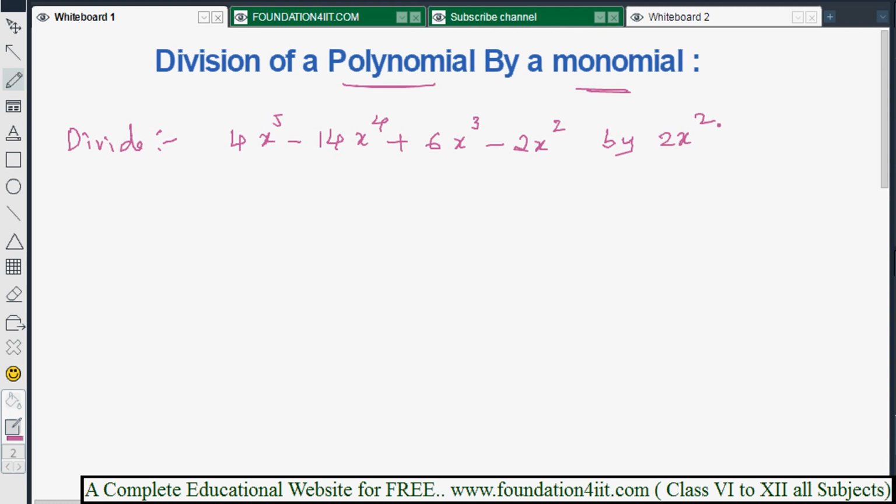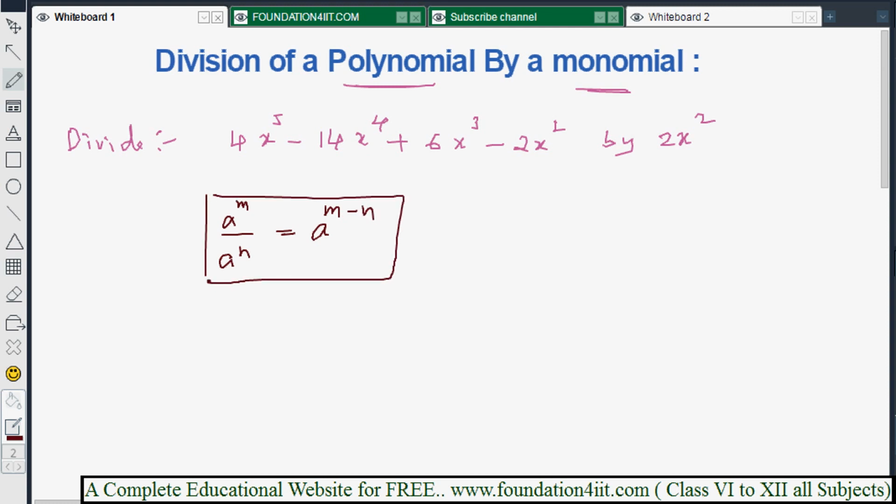So each and every term you should divide by 2x square. Same formula: a to the power m by a to the power n, the bases are same, so we subtract the powers, a to the power m minus n. This law of exponents we'll use.